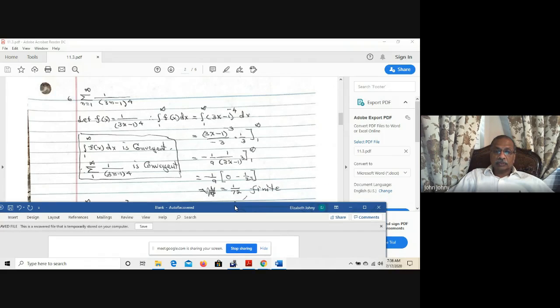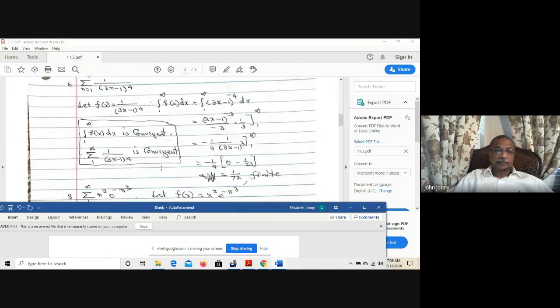So that is equal to 1 over, this is 8, 8 times 9 is 72. So that is positive 1 over 72. Therefore, it is a finite number. Therefore, the integral from 1 to infinity of f(x) dx is convergent, and therefore the series with terms 1 over (3n minus 1) to the 4 is convergent.